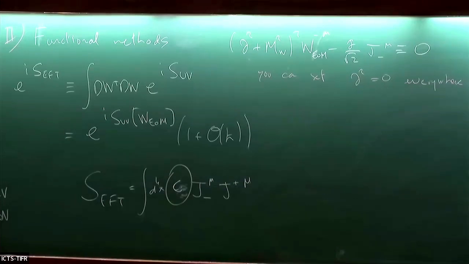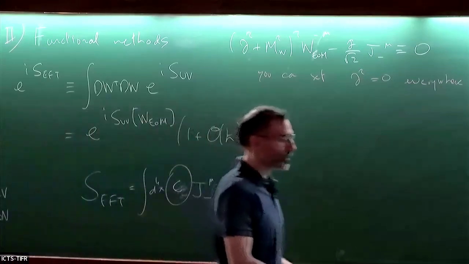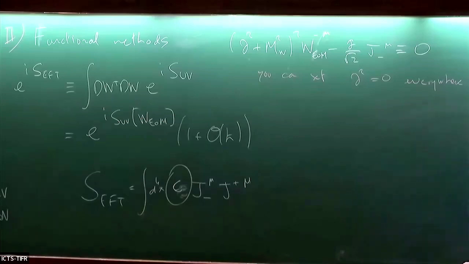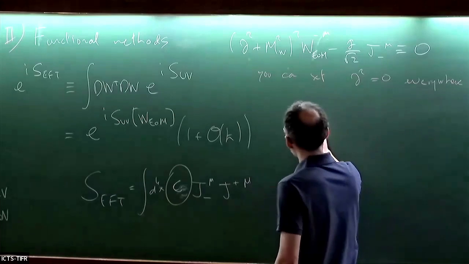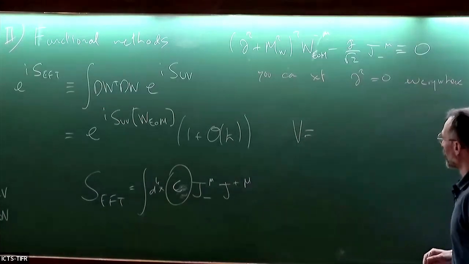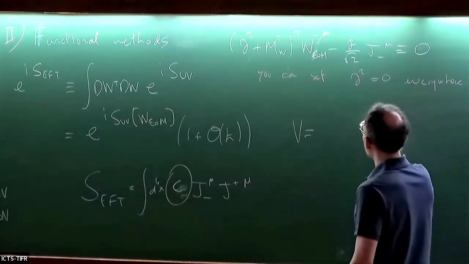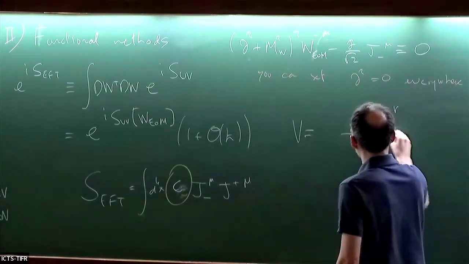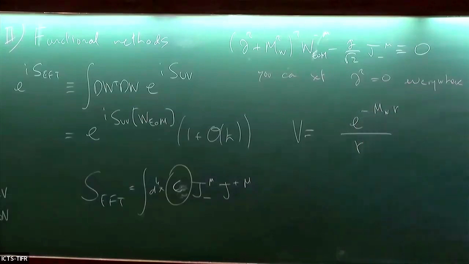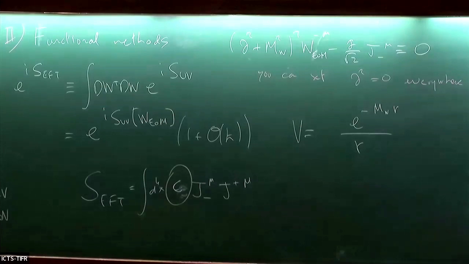It's a sketchy way of putting it, but one can also turn this into a more quantitative picture in position representation, and you can see that the potential of a massive particle will give you something like, in 4 space-time dimensions, the exponential of minus W mass times distance, over distance. And I find it quite nice to connect with the quantum mechanics example we saw before.